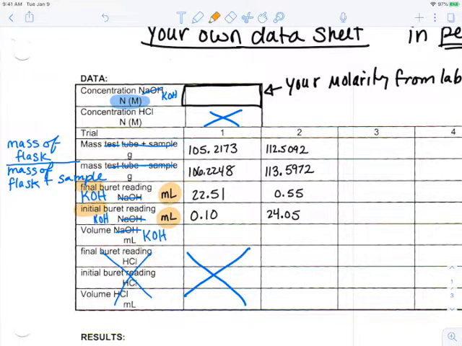The other thing that I'm going to warn you about is because, at least on my page, milliliters are missing right here. You've got to get those milliliters in, otherwise you don't have any units. Previously, the grams were already in there, so you could just write the numbers. But I do need you to indicate that these are milliliters. You could either do it on the side there, or you could place it in here. I think it's easier to do it off to the side.